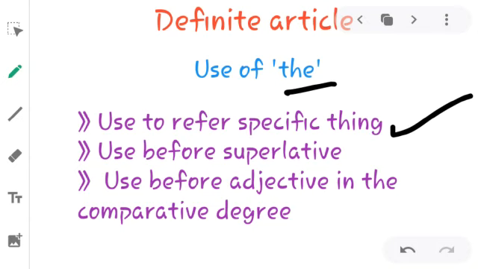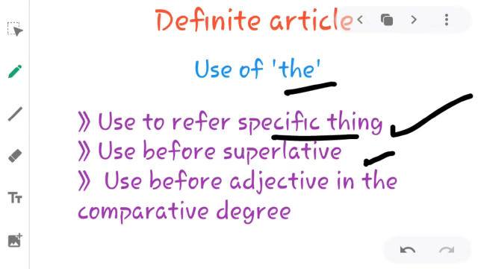For example, I have seen the movie. We are talking about a specific movie, so for a specific thing we use the before it.